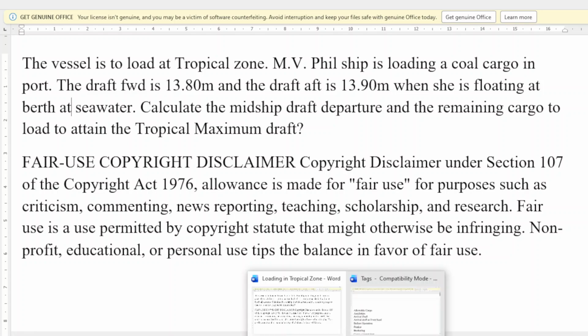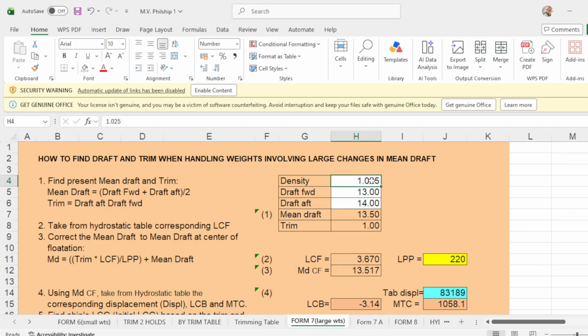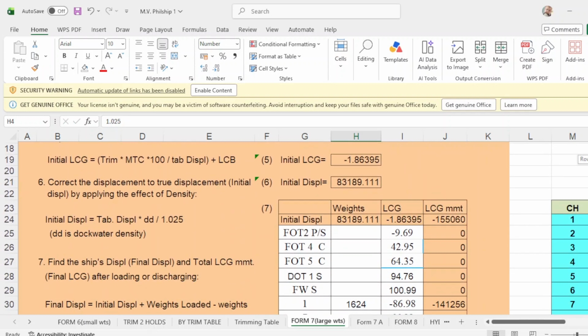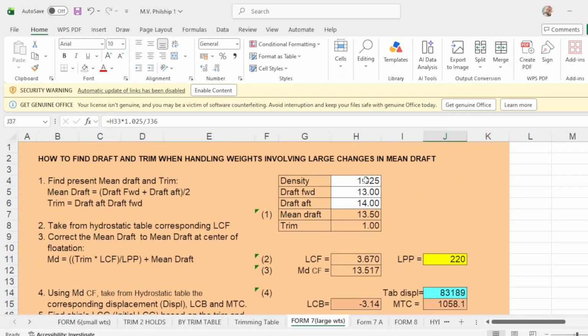So you're floating in seawater, so that will be 1.025. Upon completion of your loading, your density would also be 1.025, and upon initial loading, your density is 1.025.